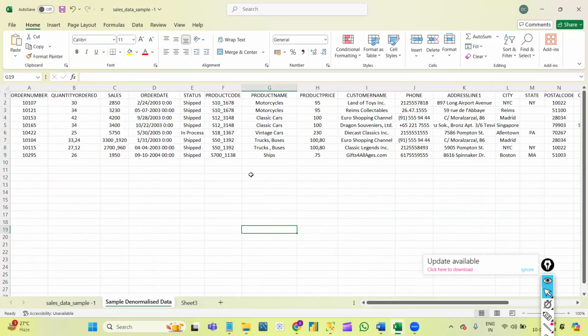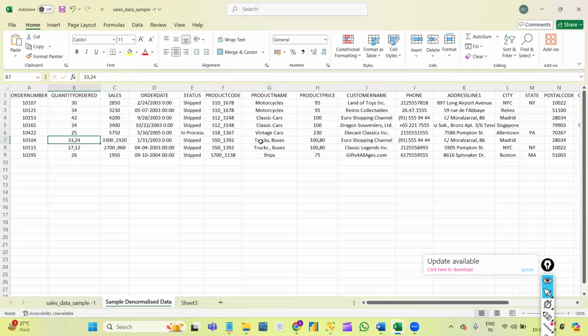If you observe here, I have two columns. In these two columns, up to here, I have single values only. But here I have trucks, buses. This customer name looks like a company name. This company has ordered trucks as well as buses, and they ordered 33 and 24.